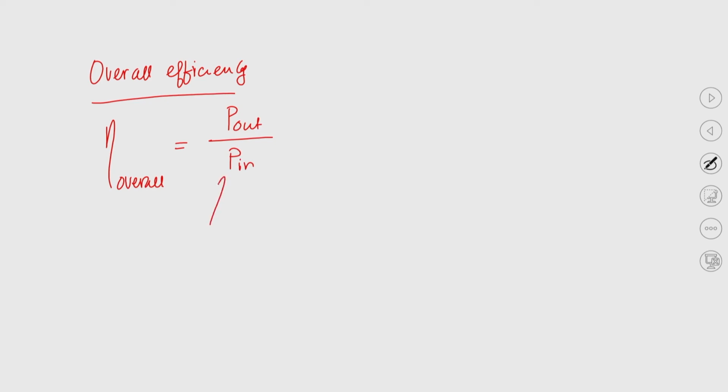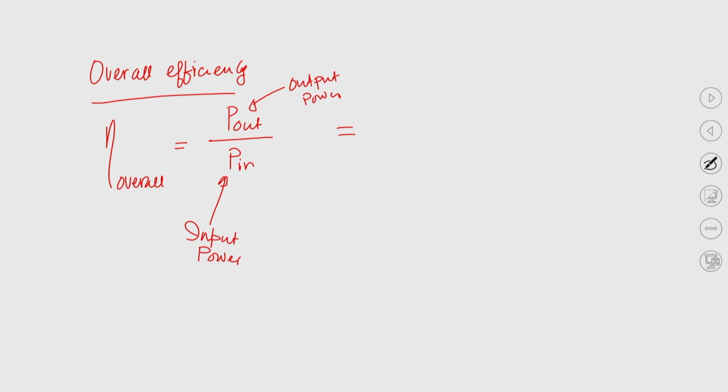So this is input power and this is output power. Can we write this efficiency in a different form? That should be our objective.